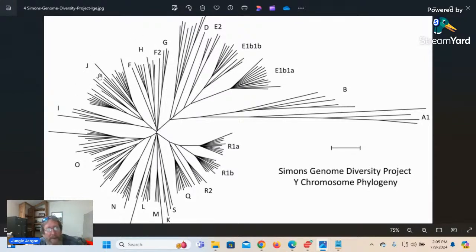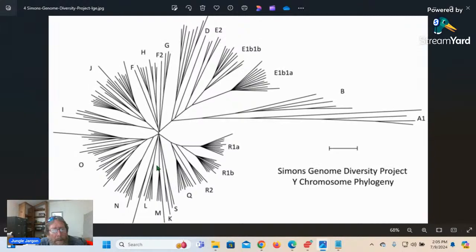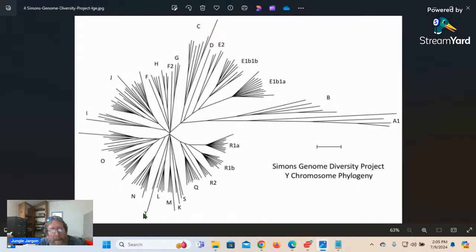That would be the Semitic group. And we have the Eurasian group, the rest of the groups, which is K, L, M, N, O, P, Q, R, S, and T. T being down here. So those are the 3 major human population lineages.